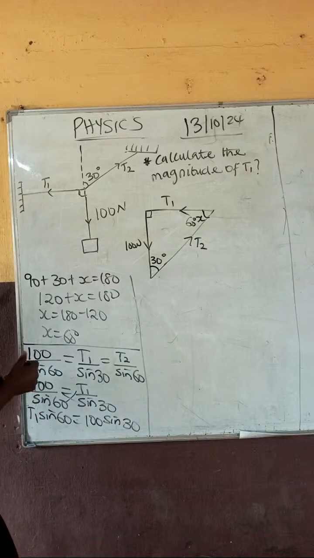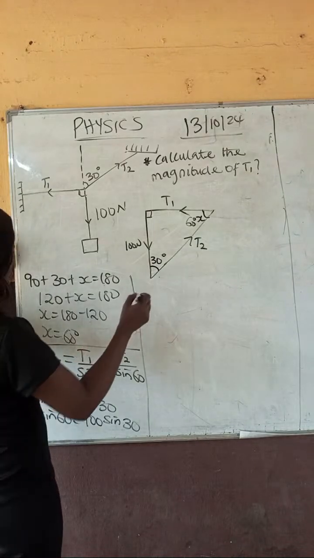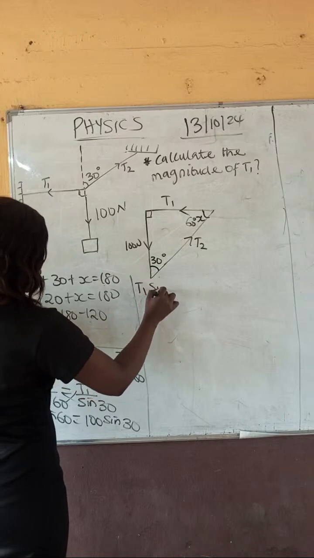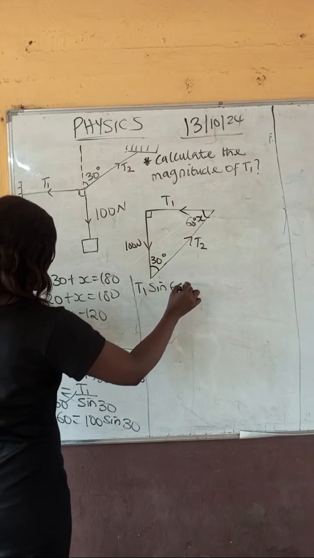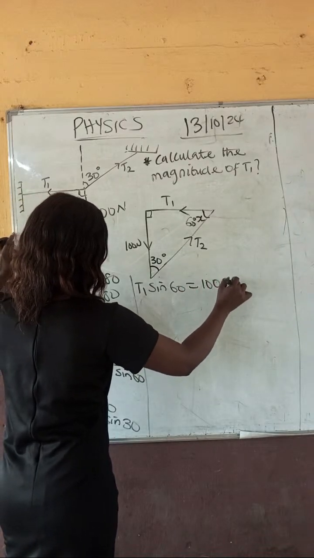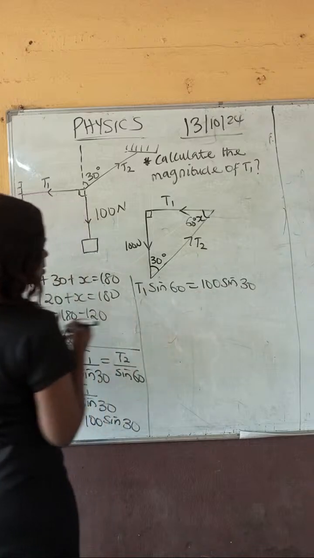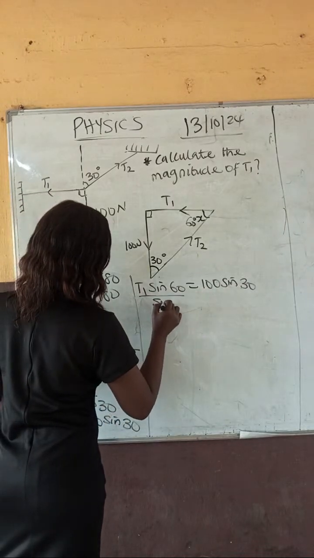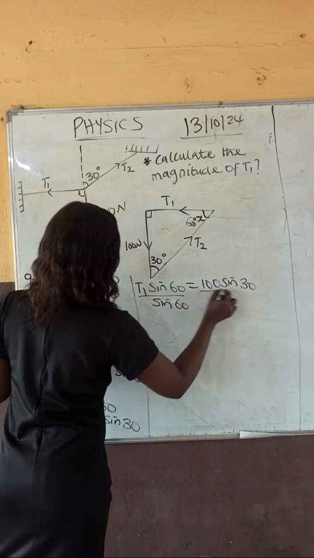Let's work it out. So I have T1 sine 60 is equal to 100 sine 30. I will divide both sides by sine 60.